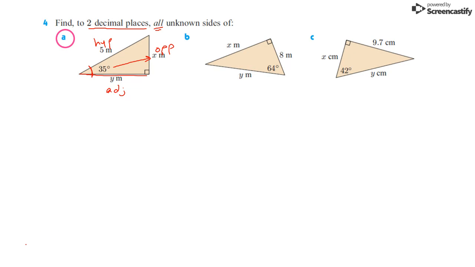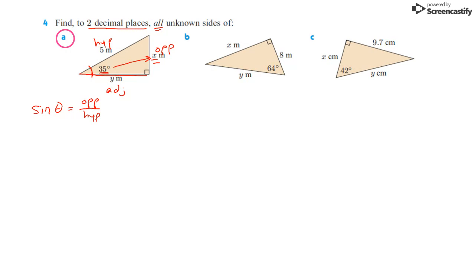So I'm going to solve for x first. And so in reference to 35, that's the opposite, and I know the hypotenuse. So I want to use the hypotenuse because that's a piece of information I know. So the relationship that relates the opposite and the hypotenuse is sine. So sine of theta is opposite over hypotenuse.